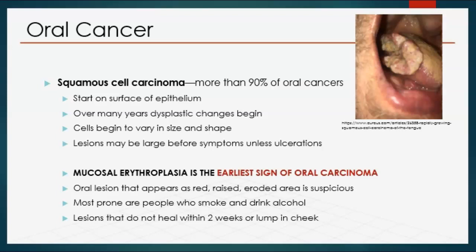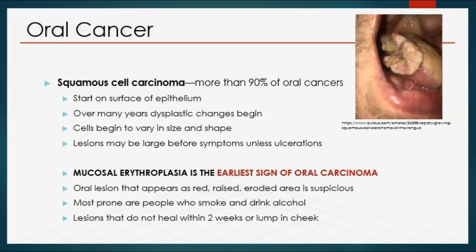But this is definitely a squamous cell carcinoma, and more than 90% of oral cancers are squamous cell carcinoma. So they start on the surface of the epithelium, and over many years, they have changes like this.